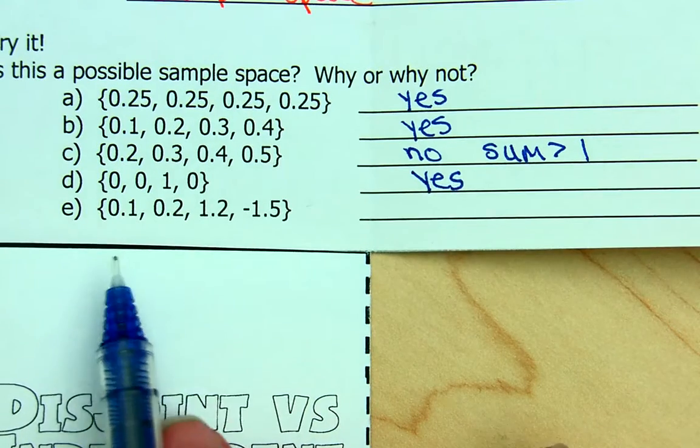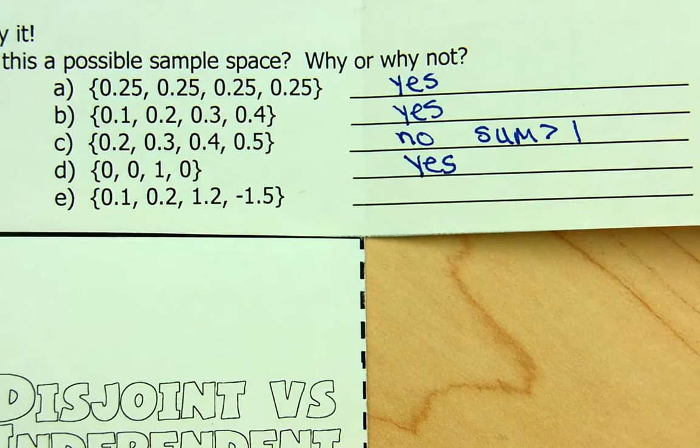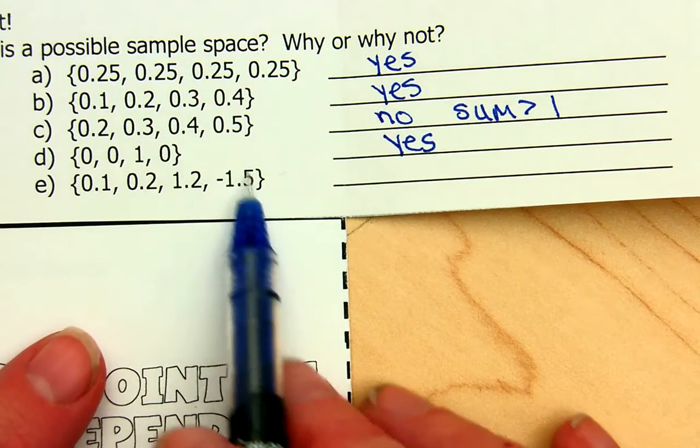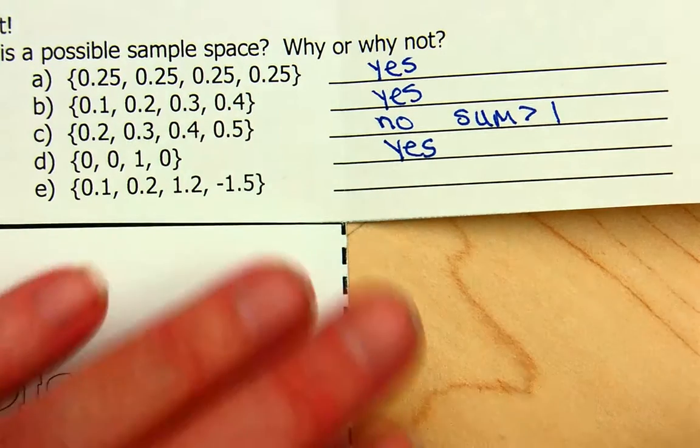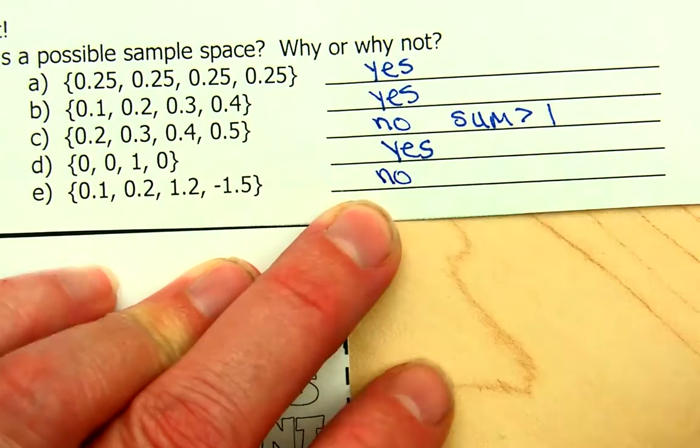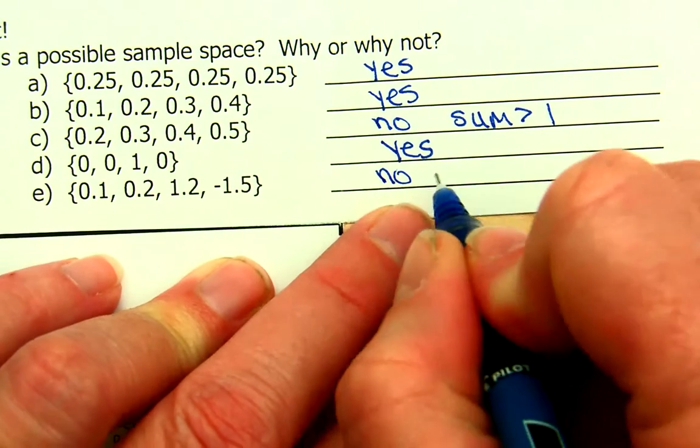What about E? What's the problem here? Yeah, this one is not between 0 and 1. So we have a problem there. So, no, can't have a negative probability.